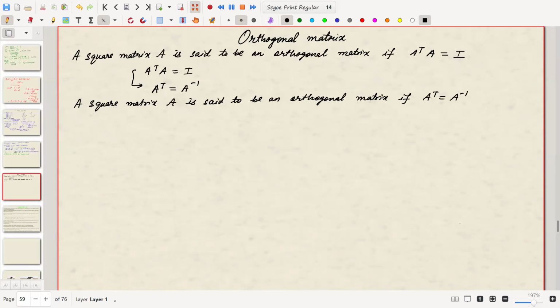So you can see that just by a minor change, we reduced it to two different looking definitions of an orthogonal matrix.